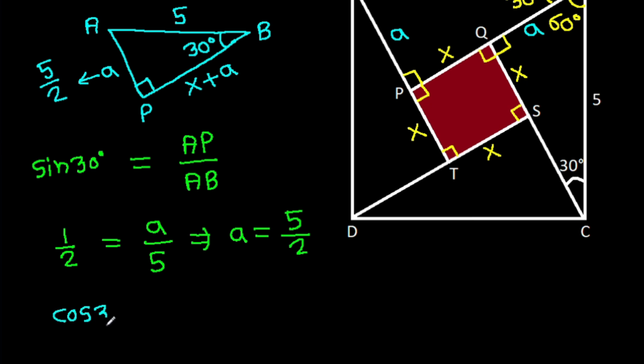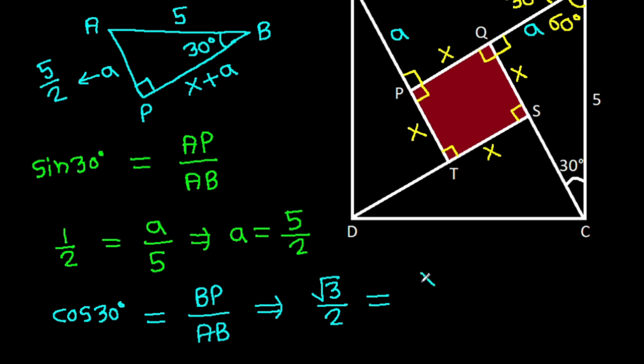And cos 30 degrees will be BP over AB, and cos 30 degrees is root 3 over 2, equal to BP, which is x plus a, over AB, which is 5.